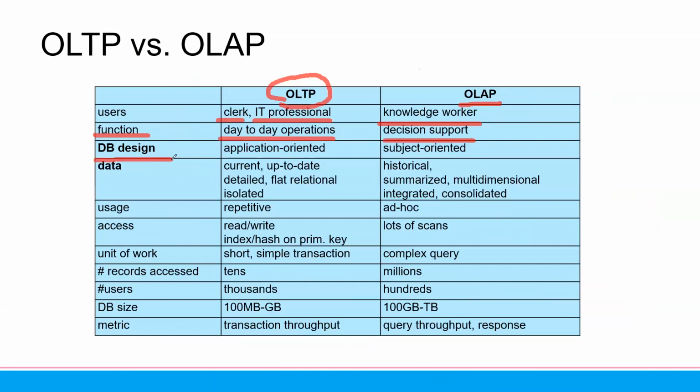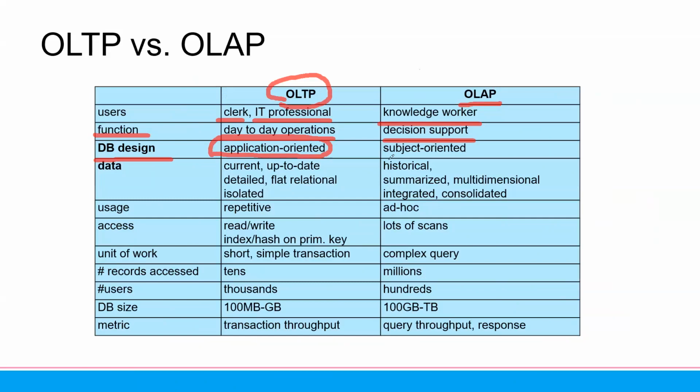For the DB design, it's more application oriented. It depends on the application. If it is a bank, of course, it is about the services in the bank. If it is a mart or the supermarket, of course, it is about the sales transaction.